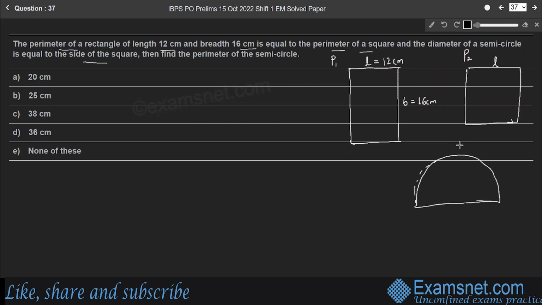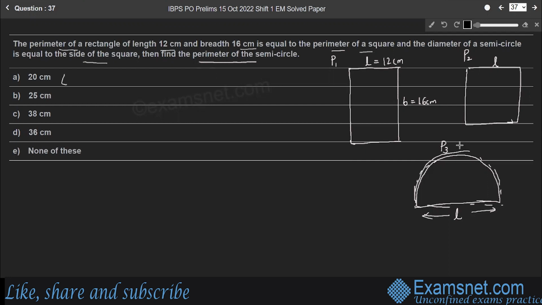So the diameter of the semicircle is equal to the side of the square. We have to find the perimeter of the semicircle. Let P3 be the perimeter of the semicircle. This circumference part plus the diameter of the semicircle gives the perimeter of the semicircle.